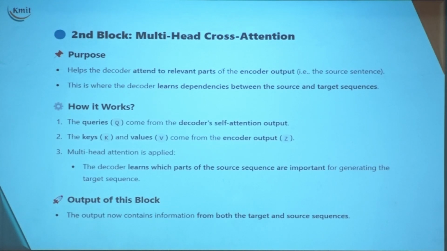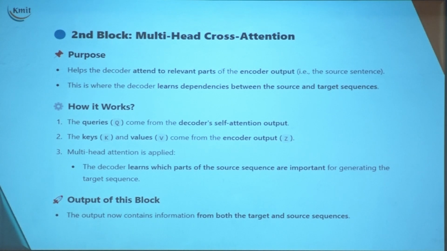What does the second block do? The second block is multi-head cross-attention. Now please listen to this carefully. It helps the decoder attend to relevant parts of the encoder output. This is where the decoder learns dependencies between source and target.